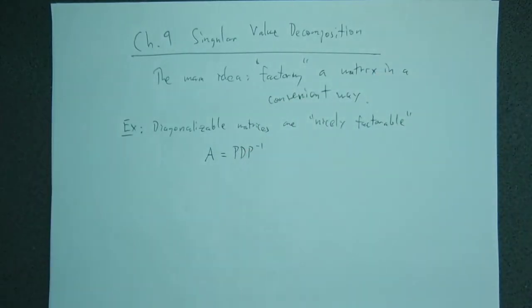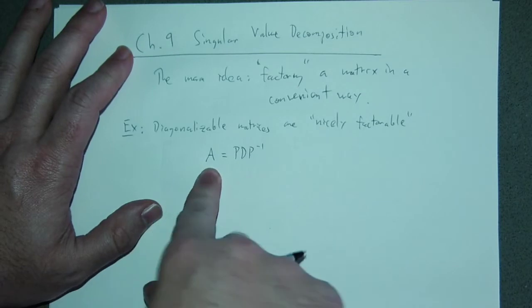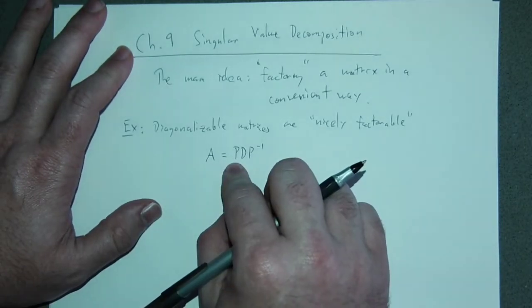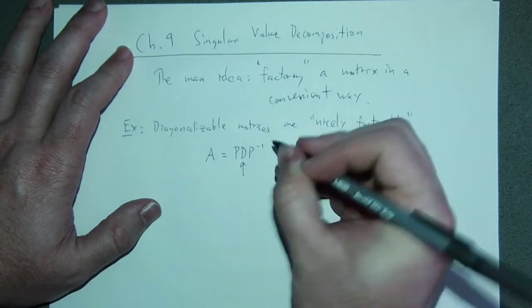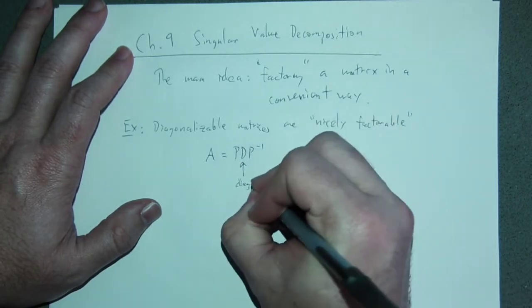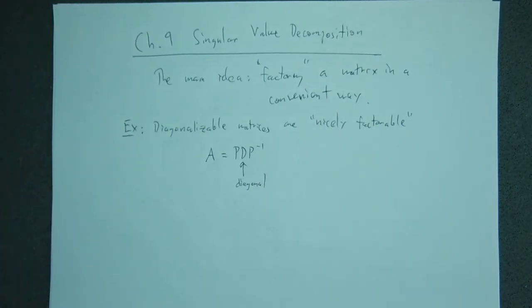It's that you had your diagonalizable matrix A, some invertible matrix P, and you might even remember where the P came from, and then you had a diagonal D. Now, diagonalizing is not really going to feature too heavily here. This is a totally different process, but I'm just giving an example of factoring matrices.